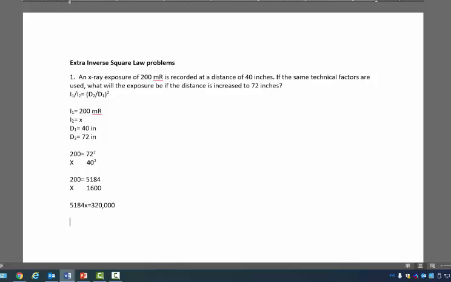So 5184 divided by itself is just going to be X. And then 320,000 divided by 5184 is 61.7. You can round just to the first decimal place. Don't forget your unit, which is milliroentgens. So your answer is 61.7 milliroentgens.